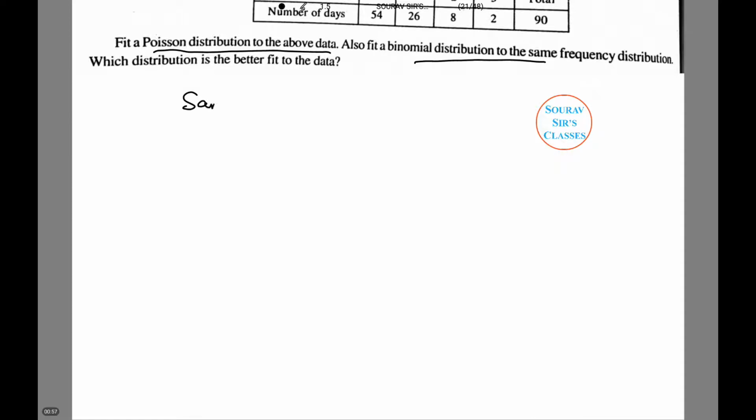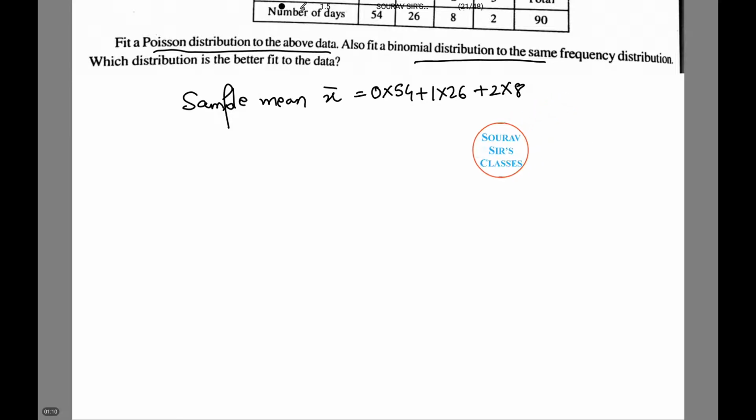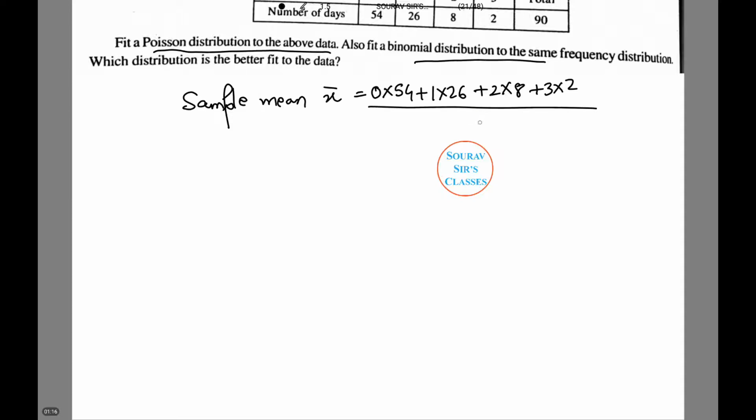Here, sample mean X bar equals 0 into 54 plus 1 into 26 plus 2 into 8 plus 3 into 2, whole divided by 90, which equals 0.53.